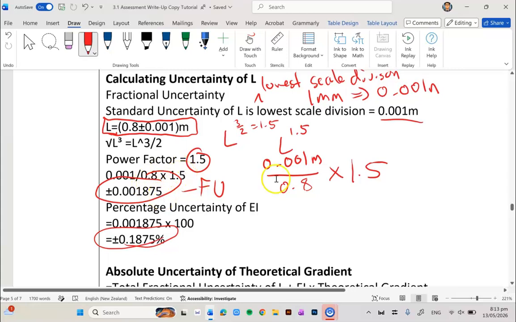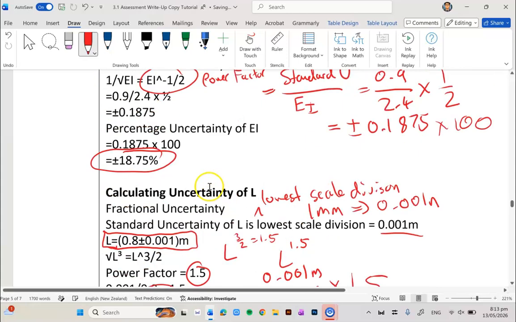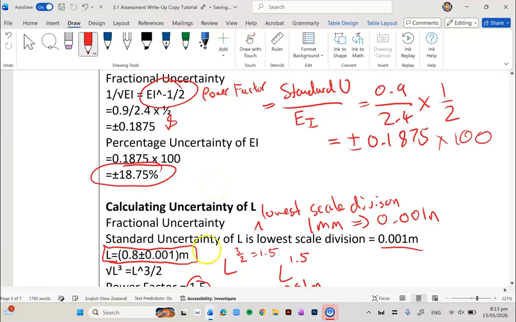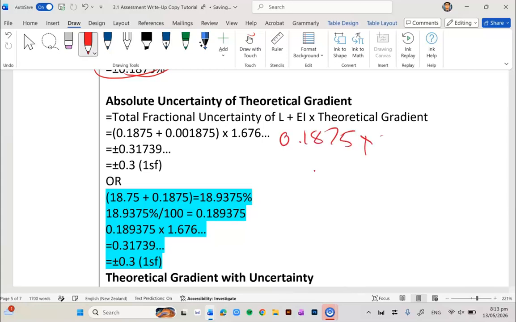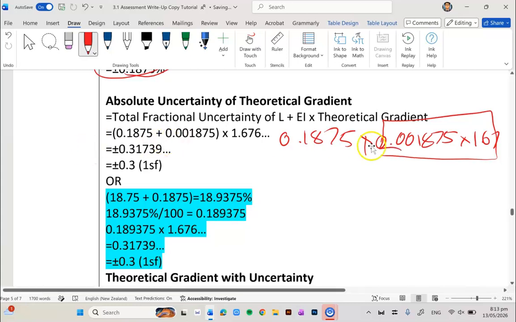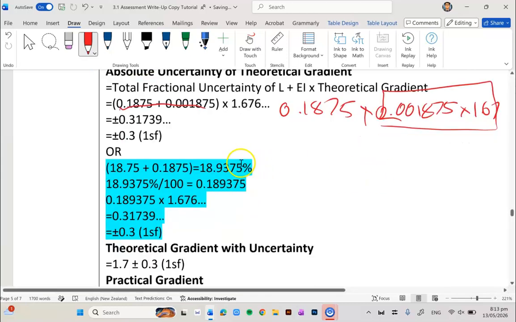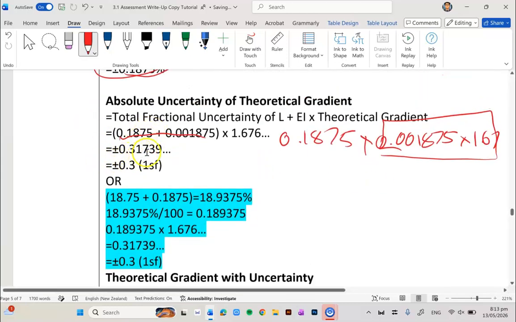So your 2 values here, 1 and then 2, you add them together and put a bracket around it, or else if you put this in your calculator and multiply that by the 1.67, it's going to multiply it onto only this, and you might get a different answer. So you need the brackets because these 2 are being added together. That will give you plus or minus 0.3, and then remember we round it to one significant figure.